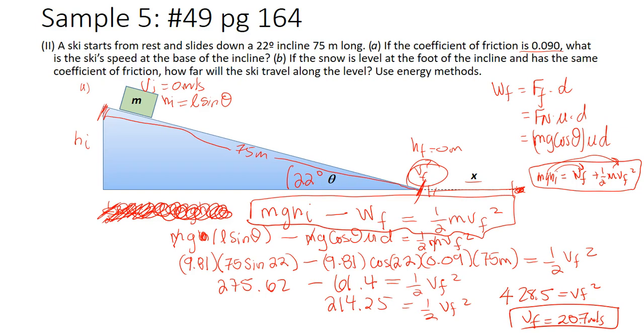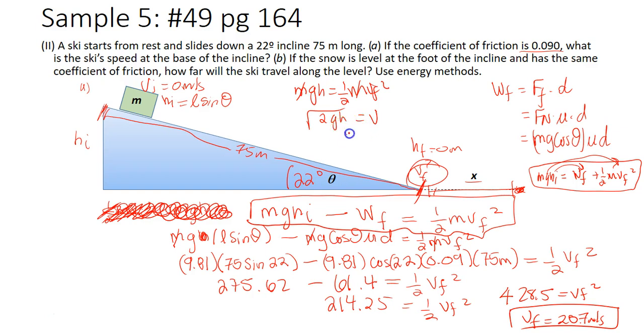And just to show you, let's say without friction, just really quickly, mgh equals 1/2 mv squared, right? This is without friction. The velocity is the square root of 2gh. So I just want to show you what that number is. 2 times g times L, so 75 times sine of the angle. Square root that answer.